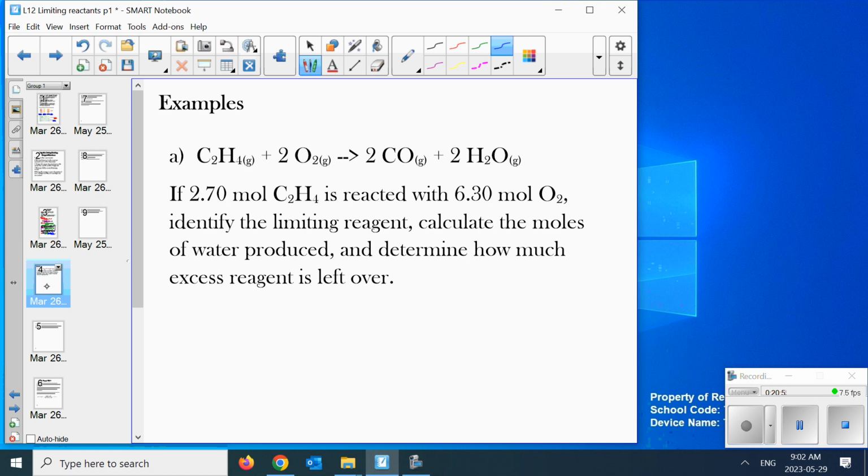Here's a reaction. Got an organic molecule, C2H4, plus oxygen, giving CO2, carbon dioxide, and water. It's balanced. We don't have to worry about that, but the first thing you should always check is: is the equation balanced? It is. Okay. In this case, some of the work is done for you compared to the last one.